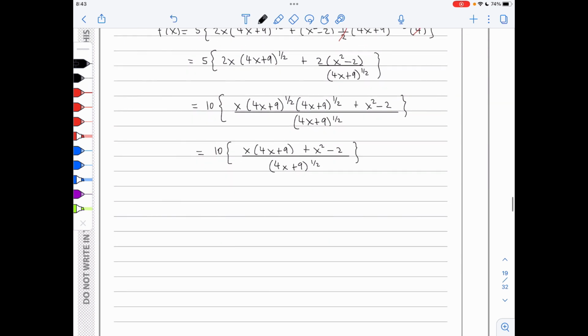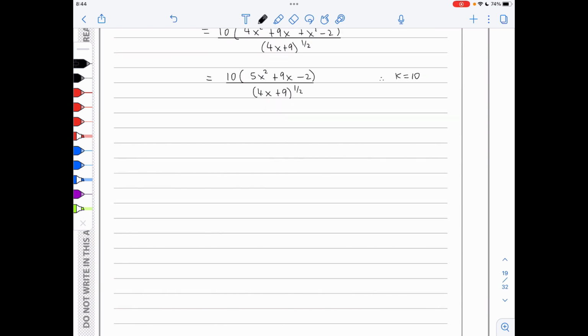It's giving me 10 brackets 4x squared plus 9x plus x squared minus 2 over 4x plus 9 to the half, which simplifies to 10 brackets 5x squared plus 9x minus 2 over 4x plus 9 to the half, and therefore the value of k is 10.